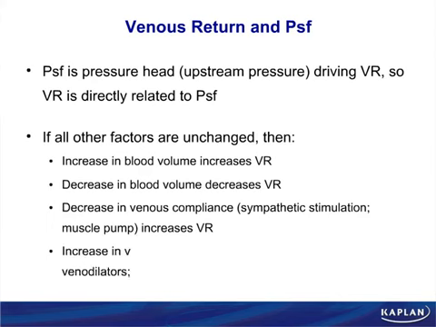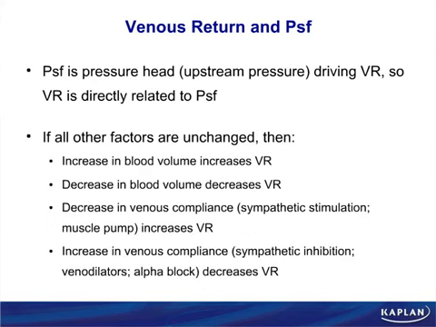If I increase venous compliance, and we can certainly do this as well, that's inhibition of the sympathetics, also giving drugs like nitroglycerin, which can venodilate, and also blocking alpha receptors will decrease venous return. Now, you also have to remember that most of the alpha blockers, their predominant effect is on the arterial side. So it gets a little bit tricky with respect to alpha block. But alpha block could cause some venodilation, or in other words, increase in venous compliance.